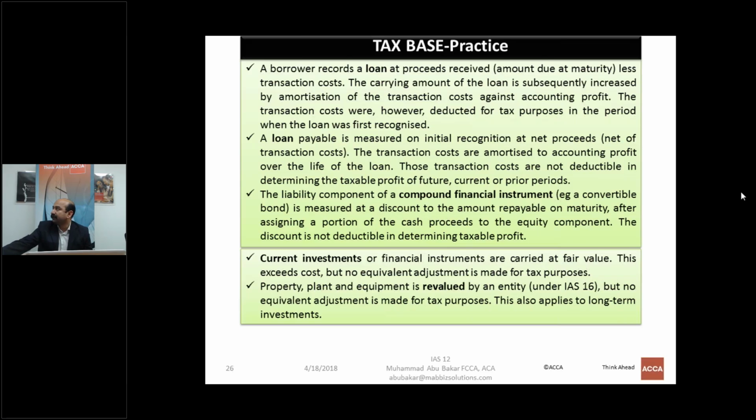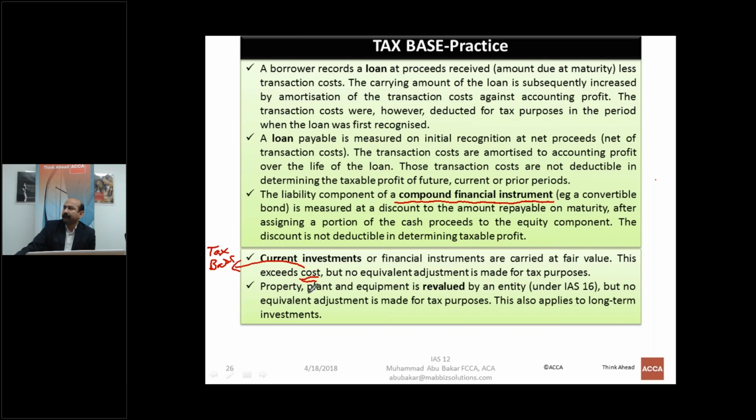Okay, now let's make it simple, and we shall be discussing compound financial instruments at length with the help of an illustration, how you can treat deferred tax related to compound financial instruments. First of all, see, this is simple. Your investments, for tax people, they will be taking it as tax base.